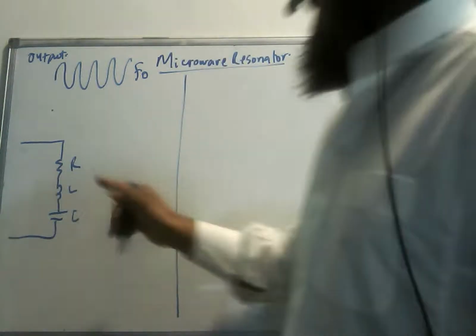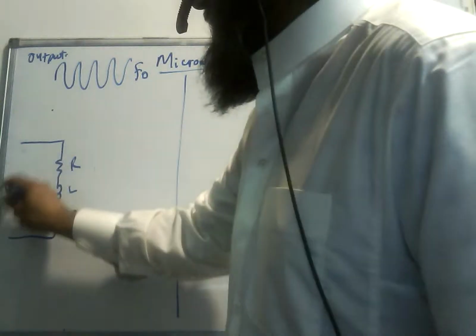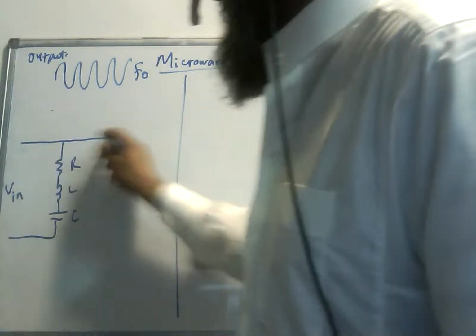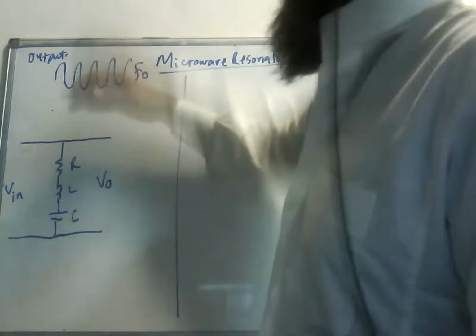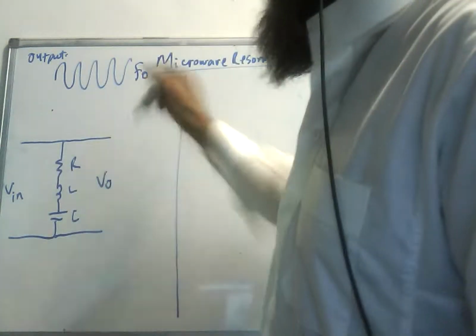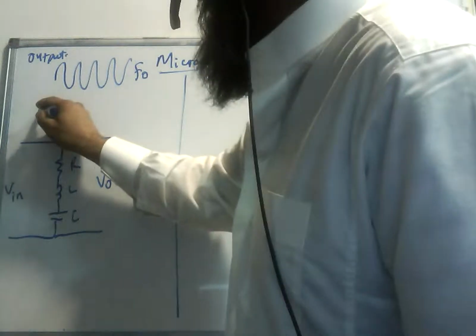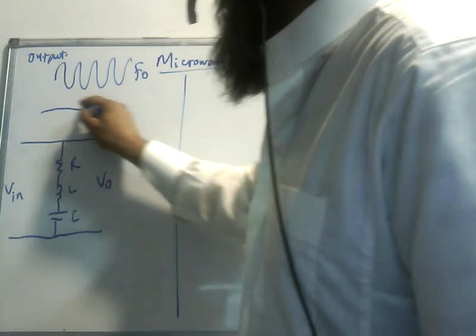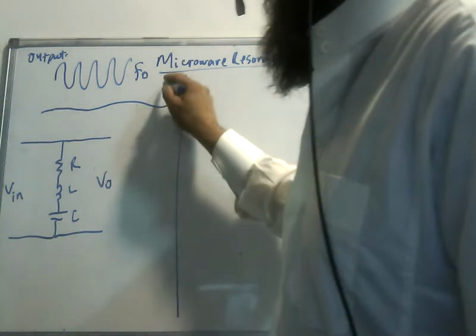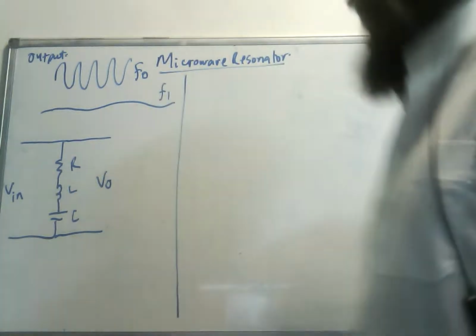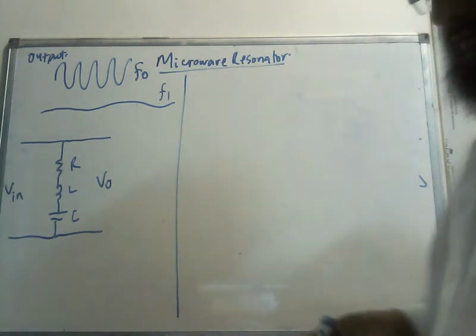So what will happen if we put a voltage here and there is an output? At some frequencies there will be a large amplitude, which is F naught. At some frequencies the amplitude will be nothing, maybe we call it F1. So this is a resonator.